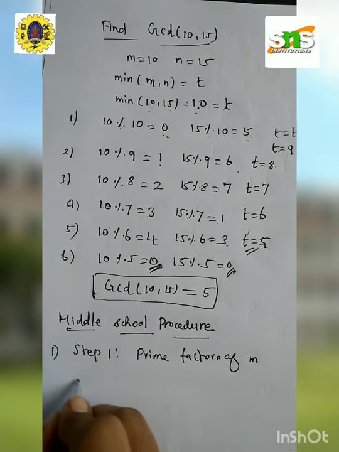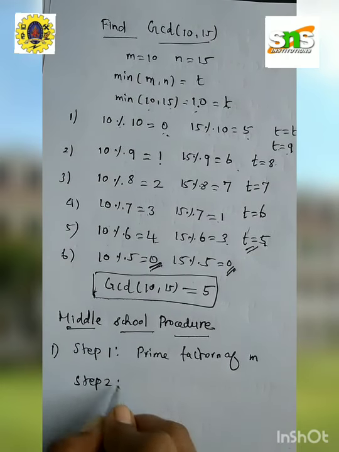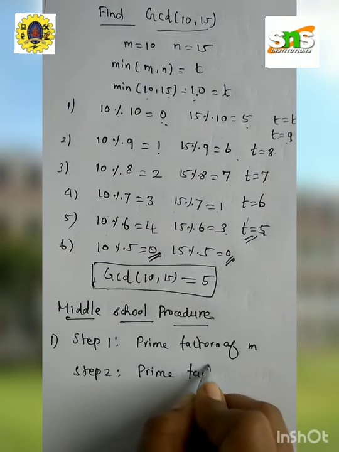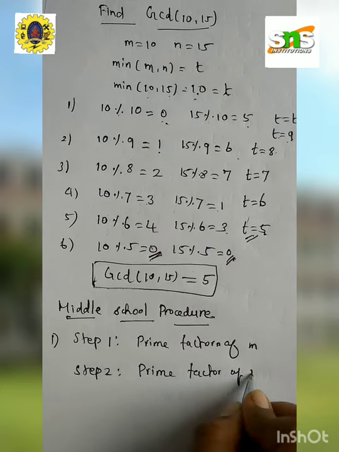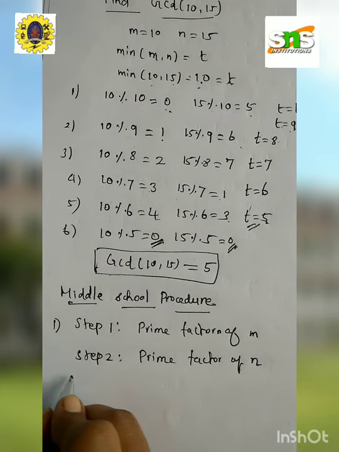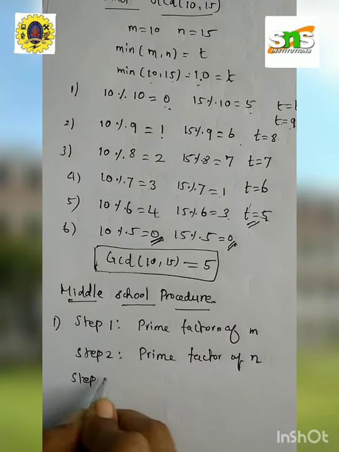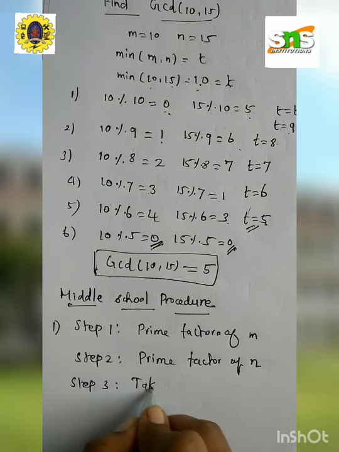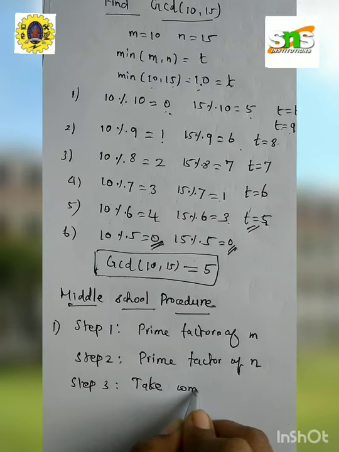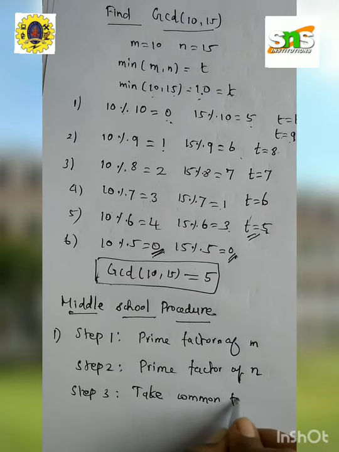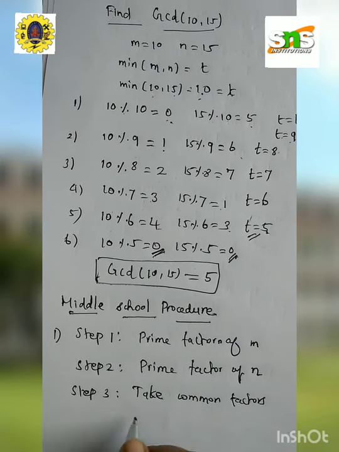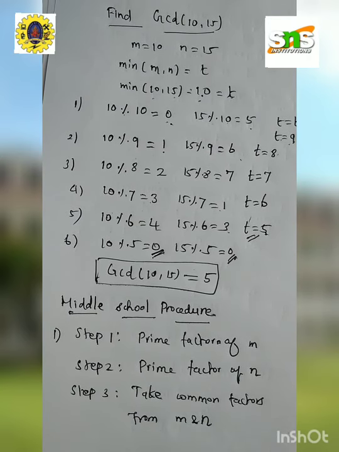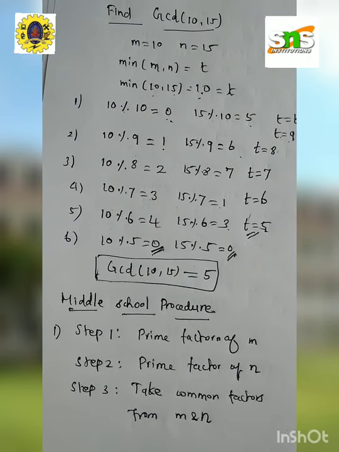Step 2, find the prime factors of n, that is using the L division method. Step 3, take the common factors from m and n. We are going to see one example.